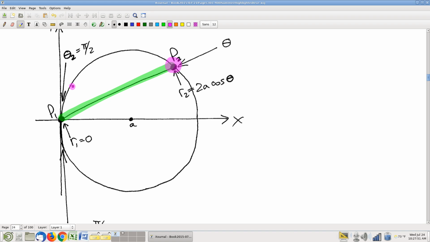R is a lot lower over here, and it's higher over there, and then it's lower over here again. R is going to depend on theta. So in order to figure out how R depends on theta, I've got to write the equation of this circle in polar coordinates. I've got to solve for R as a function of theta.